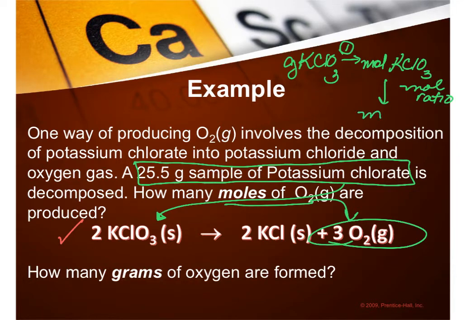And this is asking me for O2, so I'm going to use mole ratio to get to moles of O2. That'll be my second step. Actually, that's my last step, because this question is being nice. It's only asking us for moles of O2. It's not asking for grams or molecules of O2. Okay, so that should be a 2-step question.